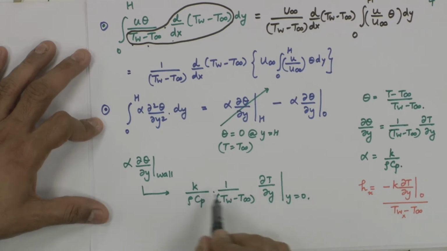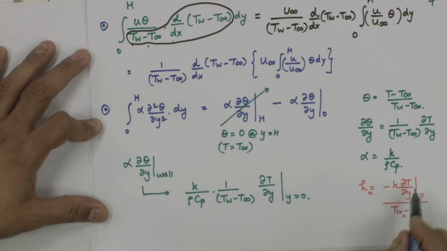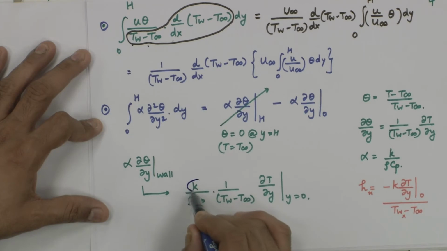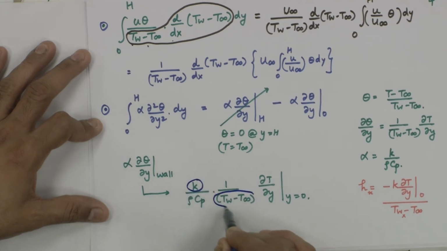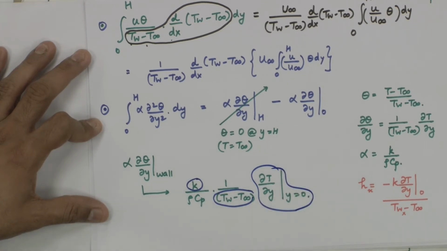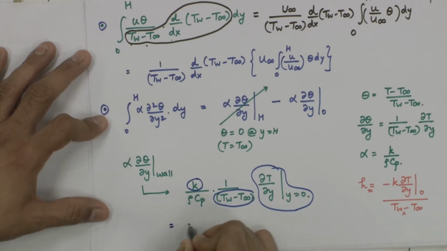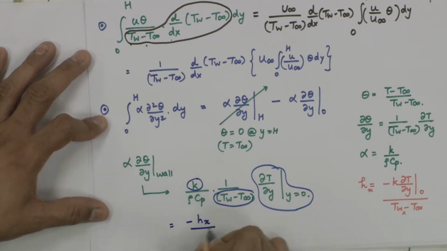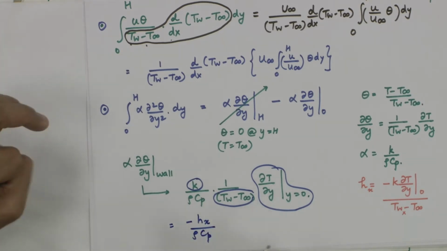So this quantity, k dT by dy divided by T wall minus T infinity, you can see here. What is this? Minus h of x. So, minus the local heat transfer coefficient divided by rho Cp.